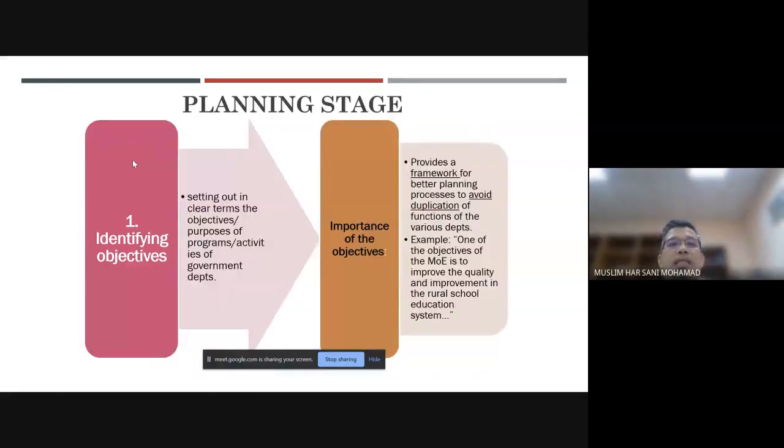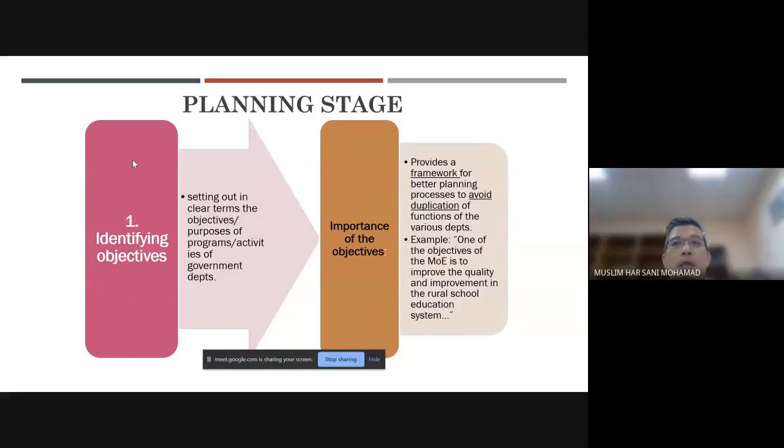So there's a planning stage to identify clear objectives and activities of the government. The importance of the objective is to provide a framework for a better planning process, to avoid duplication of functions at the various departments. In a way you can also avoid redundancies. Why do redundancies need to be avoided?